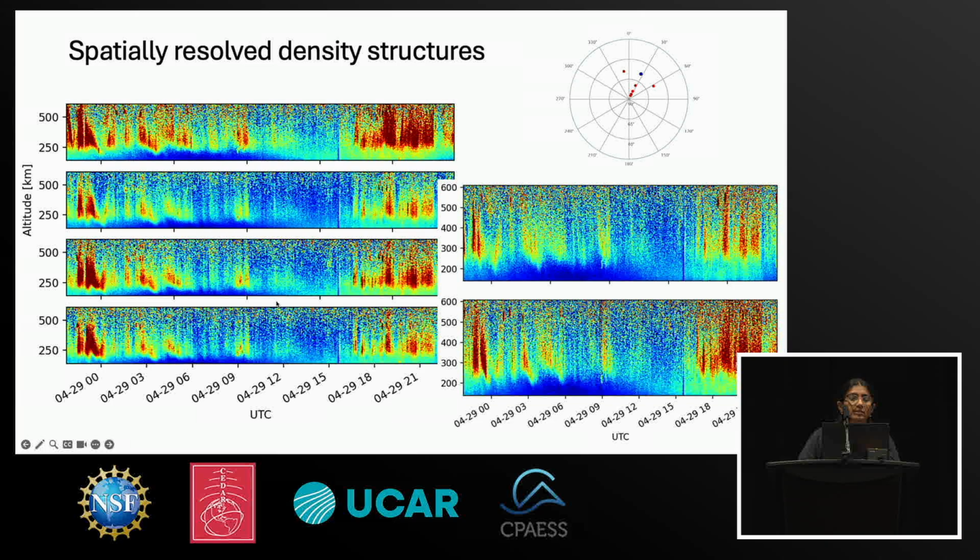So these are the 4 beams in the center. And again, if you are from a mid-latitude background, you look at this L-shaped density structure and think this looks really like TIDs. Some of these have the classical definition of double the background ionospheric density.